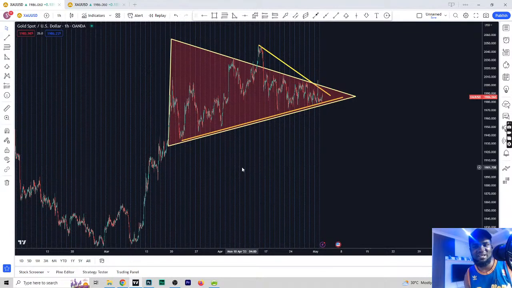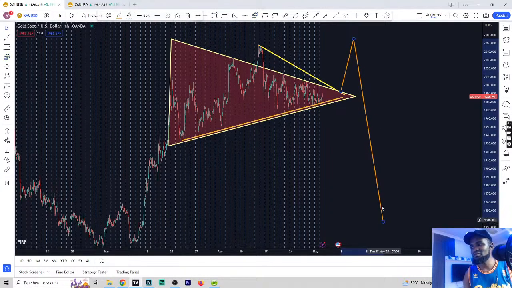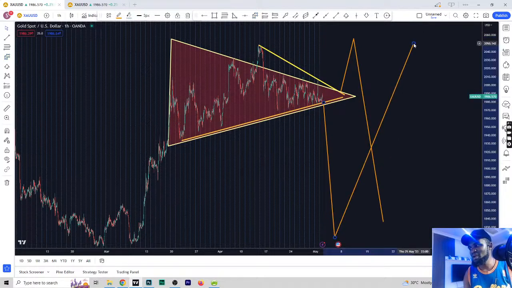So I would like to see commentary right now. How do you expect the market can go? Is it to say, let me connect this point to this point, extend the line, the market needs to come high then go down, or is it to say the market needs to break down and then maybe go up like this?